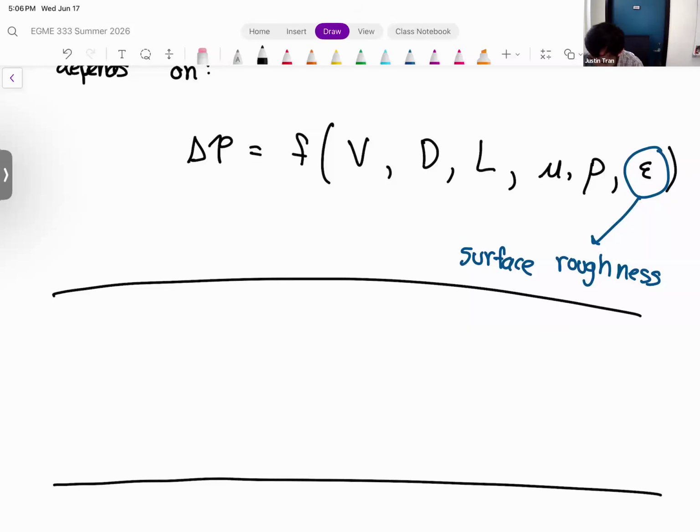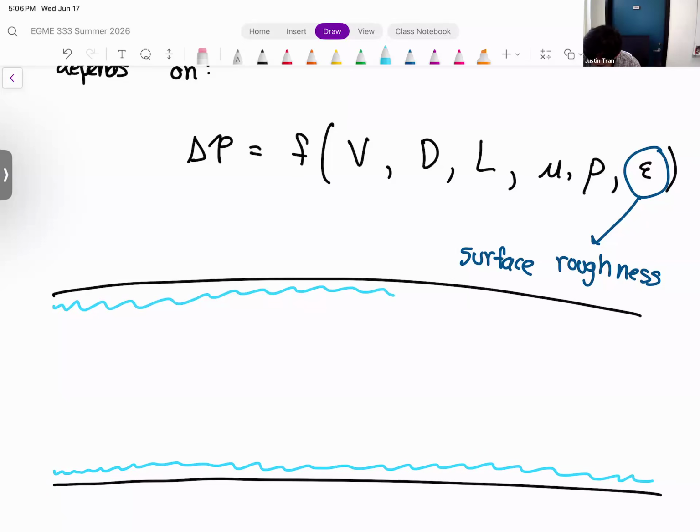So almost always there's going to be a little bit of coarse graininess on the inside surface of the pipe. Of course, I'm exaggerating it here a little bit, so it's usually not this noticeable.